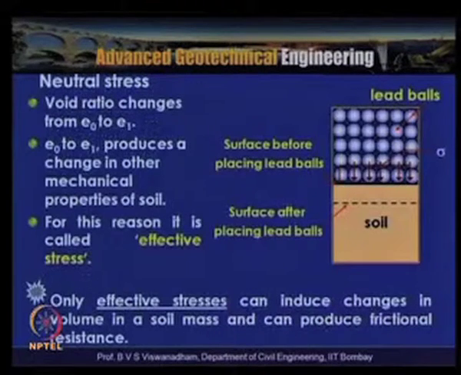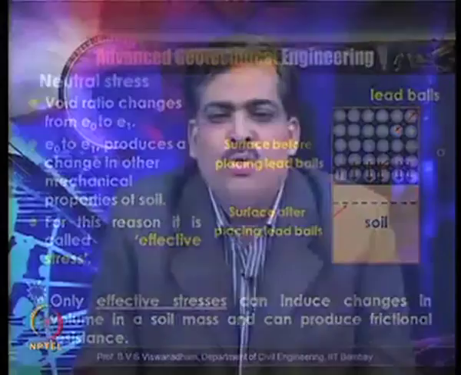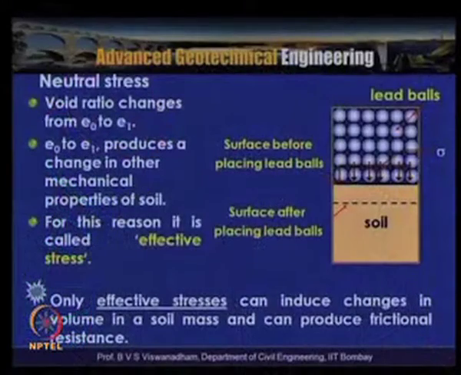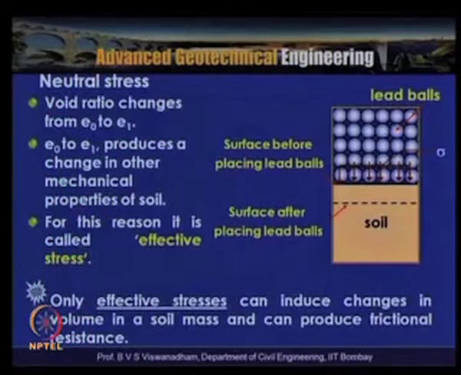One more interesting issue we should understand is that the pore water pressure is also called neutral stress. Why? This can be demonstrated through a simple illustration here. Let us assume that you have a soil of certain thickness and it is loaded with lead balls equivalent to the intensity of sigma, and that induces a change in void ratio from e0 to e1.